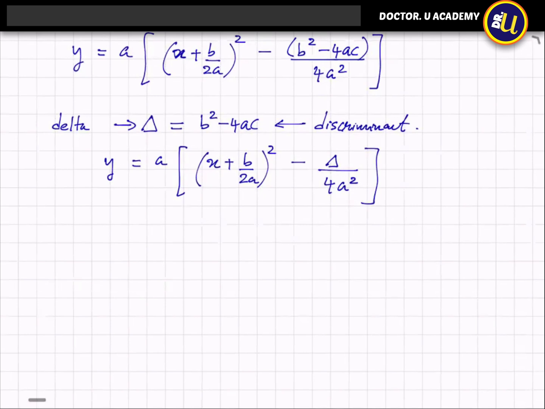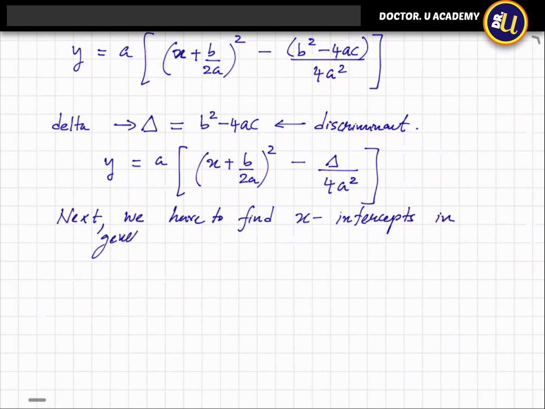Next we have to find x intercepts in general. You can find x intercepts when y is equal to 0.